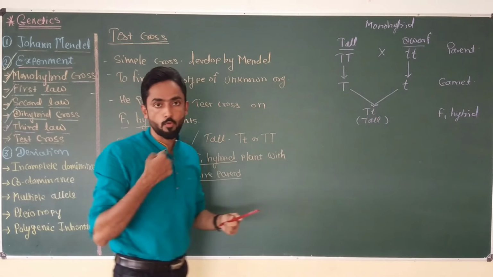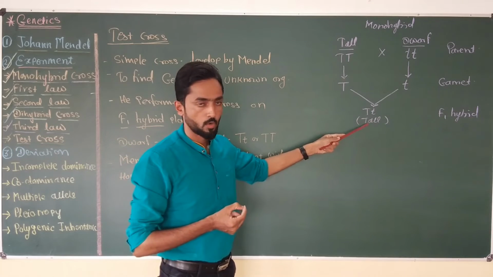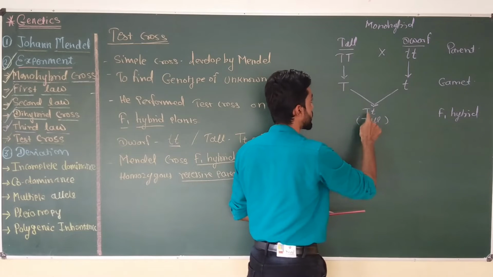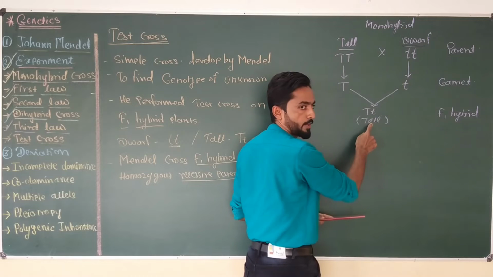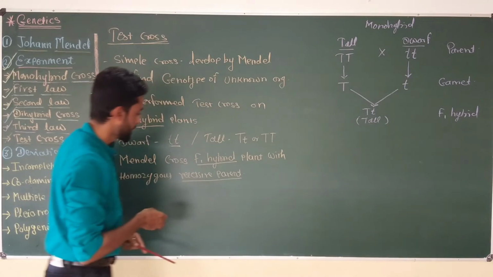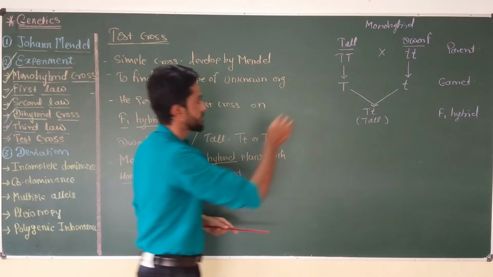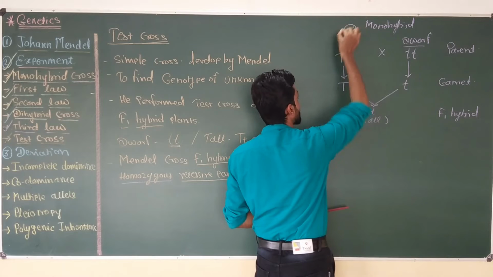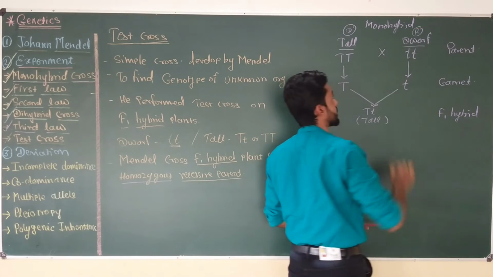And if we want to determine the genotype of this tall plant, we have to cross this F1 hybrid plant with one of the parents. Okay, this is the parent of the F1 hybrid plant, and Mendel selected the homozygous recessive parent. Okay, this is the homozygous dominant parent, and this is the homozygous recessive parent.